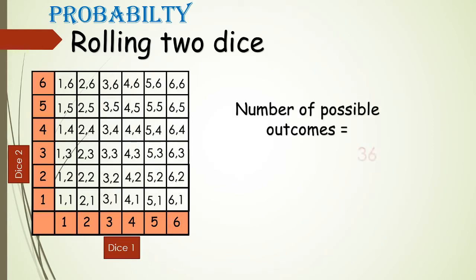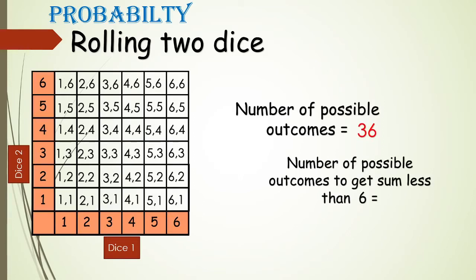Okay, there you go. We have 36 possible outcomes still. This is now the question: a sum less than 6. Where do I start? Diagonally. At 5, where is the sum of 5? Okay, that one. Then, is it going up or going down?